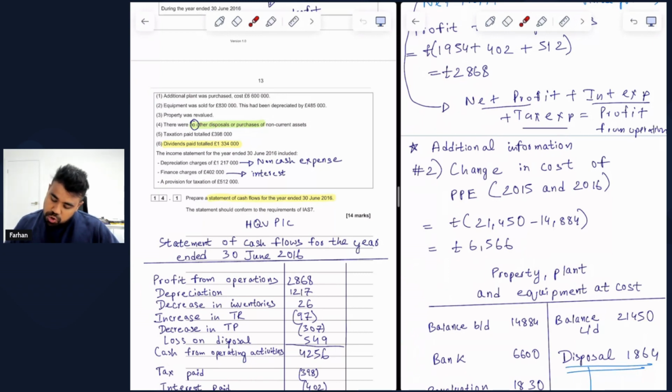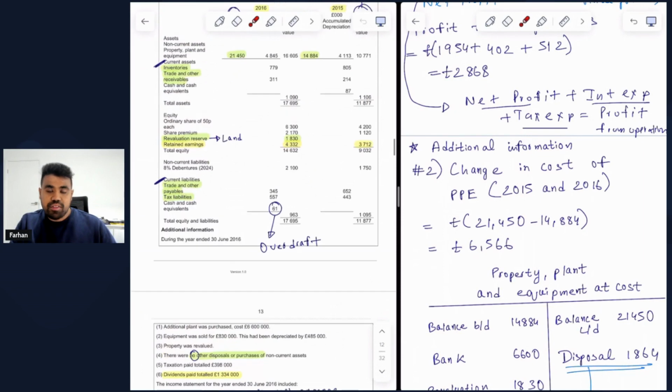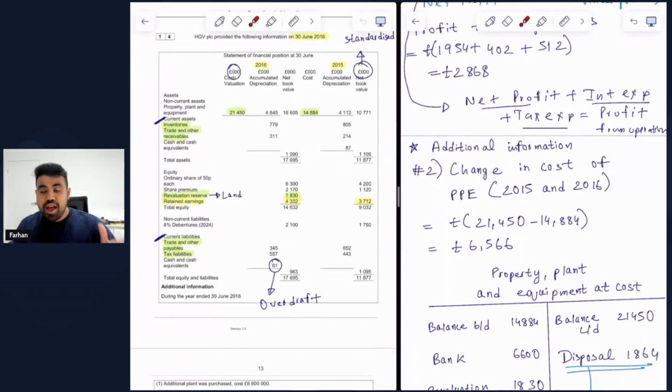So what we're going to do to begin with is check the statement of financial position at 30 June for 2016 and 2015. You can see that we have property, plant, and equipment categorized under the non-current assets.